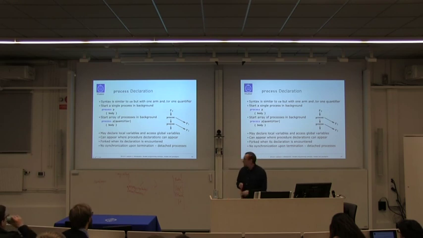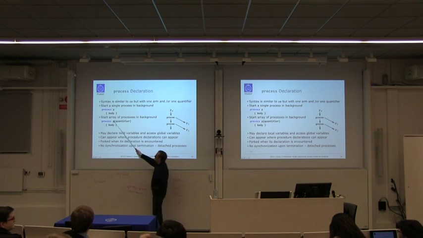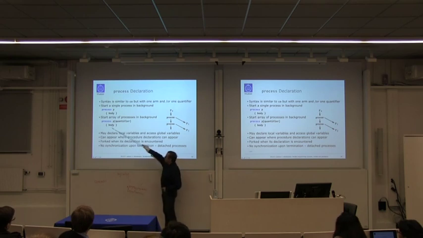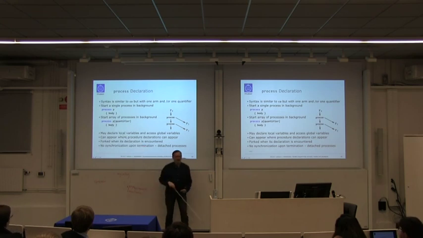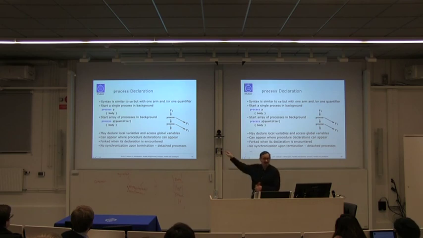Process declaration: it will be like process, you can give a name to it, even create an array of processes with some quantifier here, and there is the text of the process, a program to be executed, and within it you can also declare some variables, but these variables are private to that process.